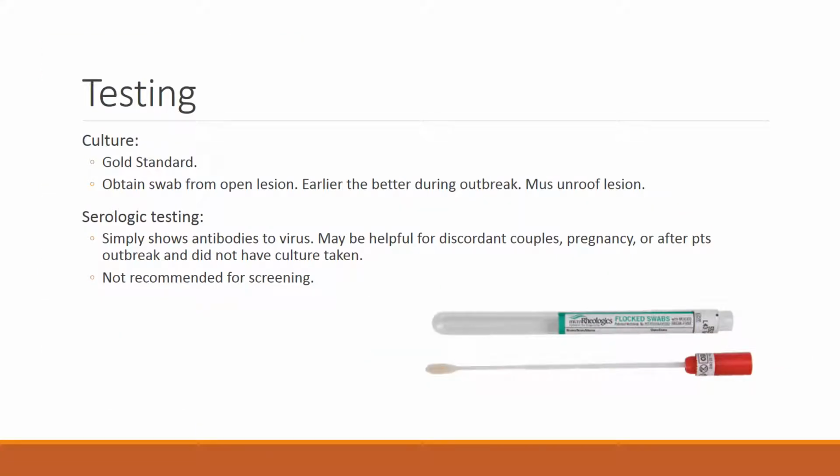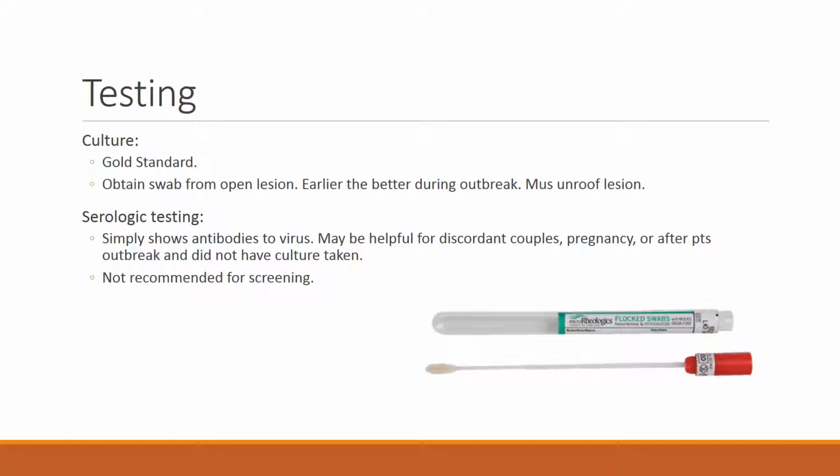So a lot of questions about testing, and I think it's important to be able to have this conversation with people about how we test for herpes. The gold standard is always going to be a culture, meaning the lesion is there and we take a culture of the lesion. If the vesicle is present while it still has that fluid-filled vesicle, you're going to have to pop open that vesicle because we need the fluid from inside.